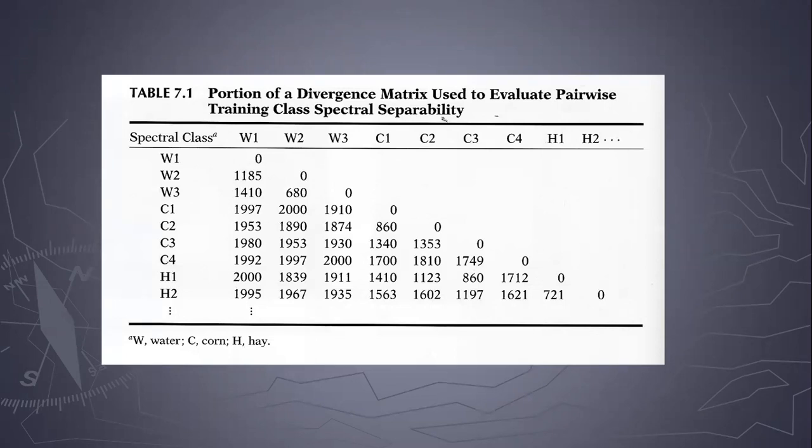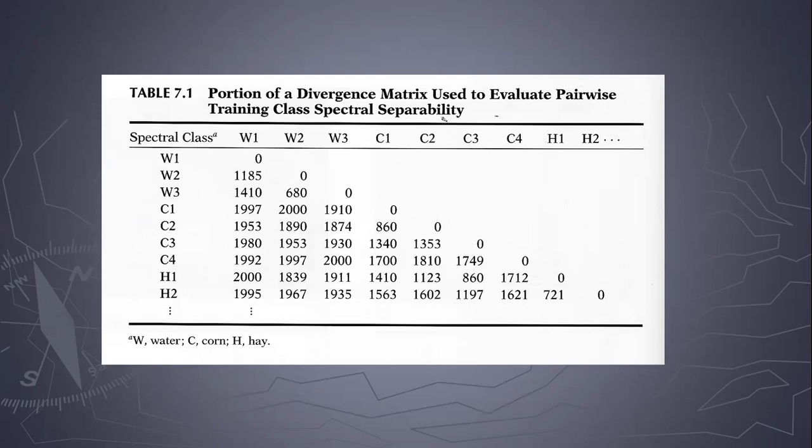Each land use or land cover has a different spectral signature. W1, W2 mean different water bodies, maybe deep sea, shallow sea, certain ponds or marshland.